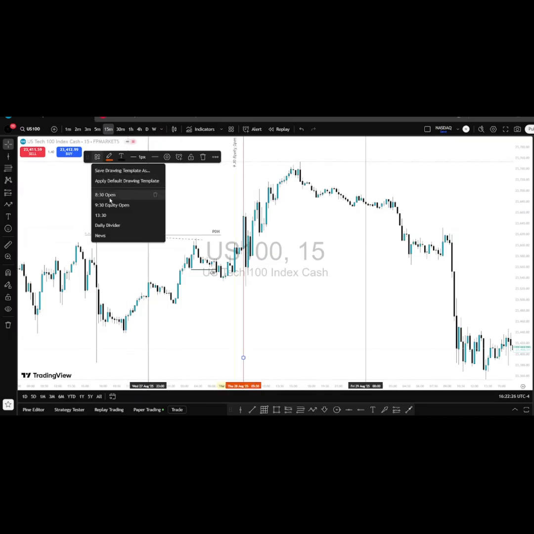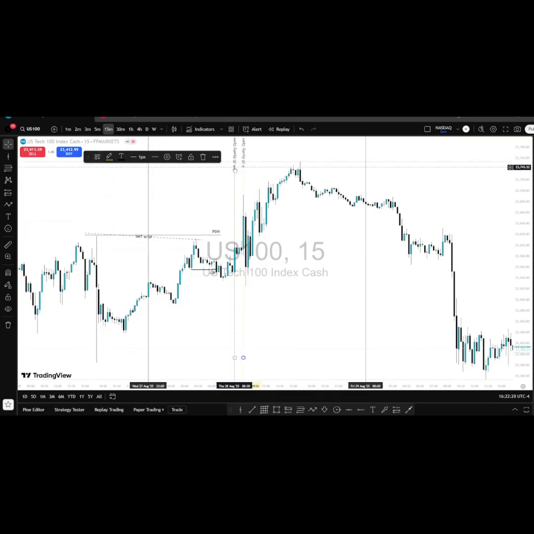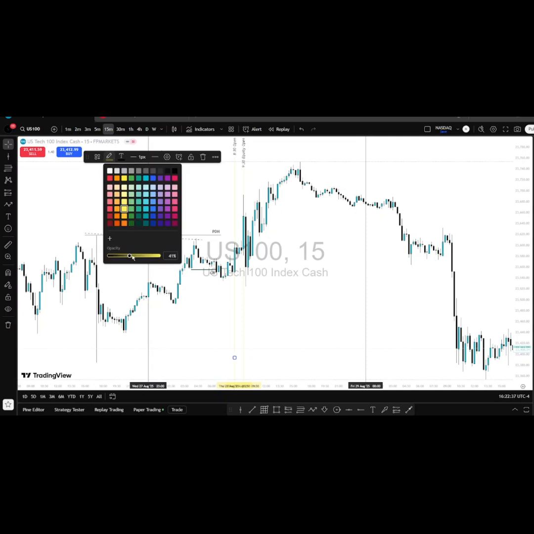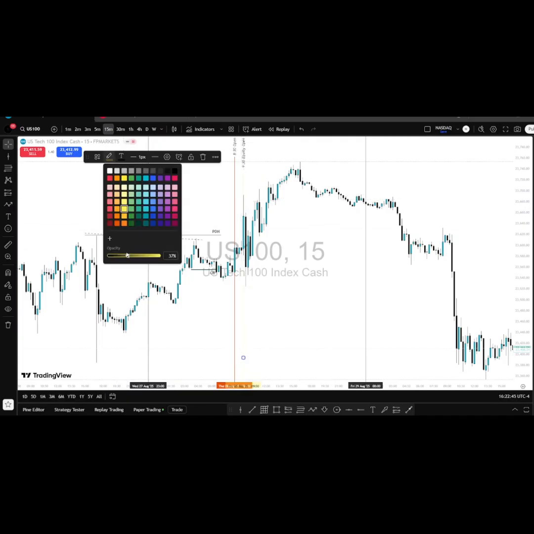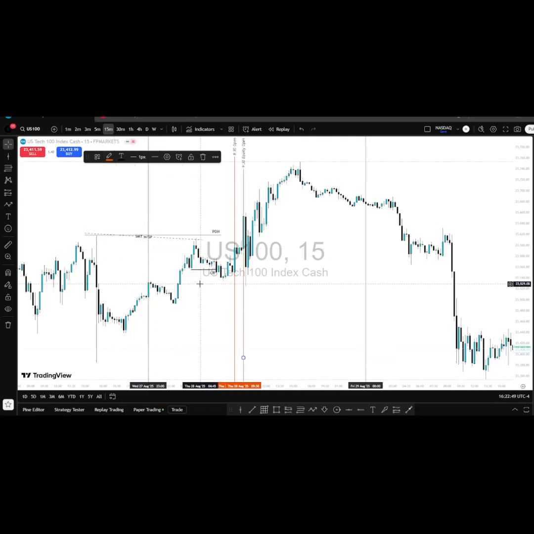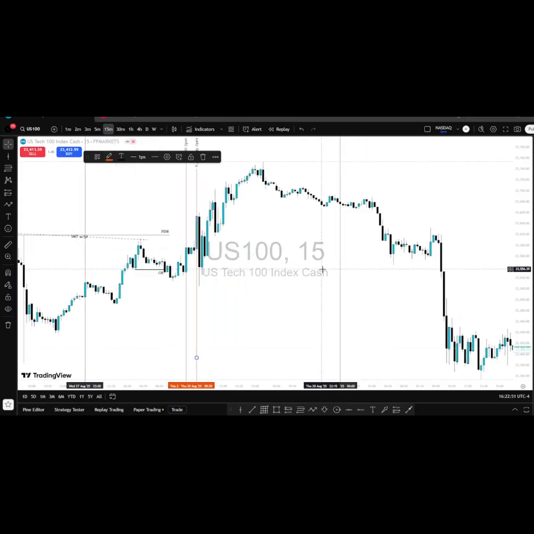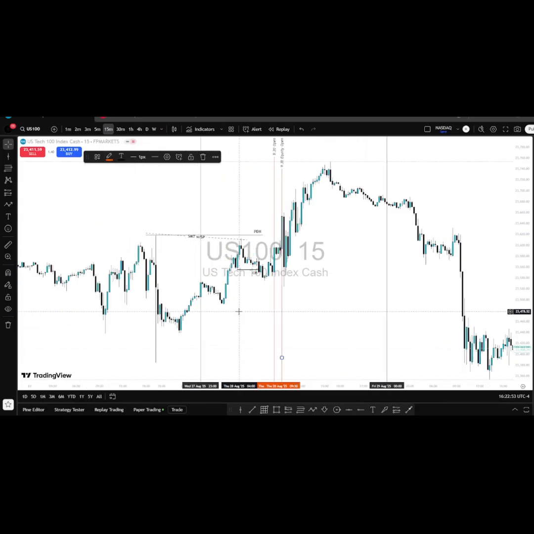This is the 9:30 open, this is the 8:30 open. As I have told you in the first trade, these are some of the most important times in my trading, so I always mark them. You have seen from my screenshots. Okay, so I have those two.